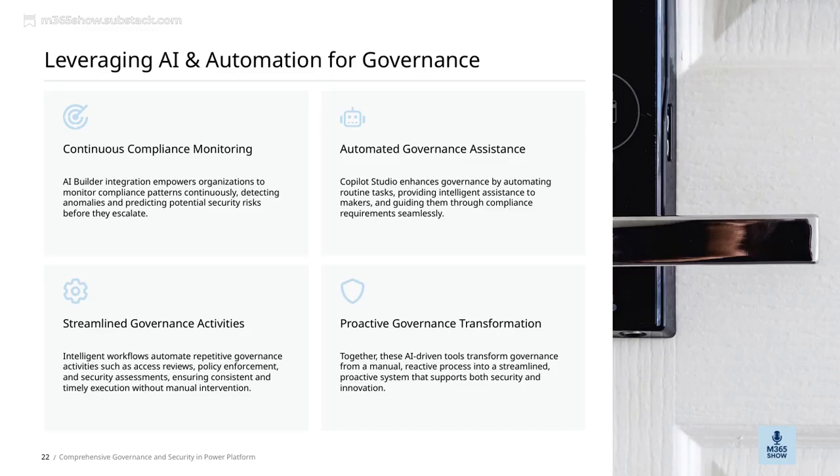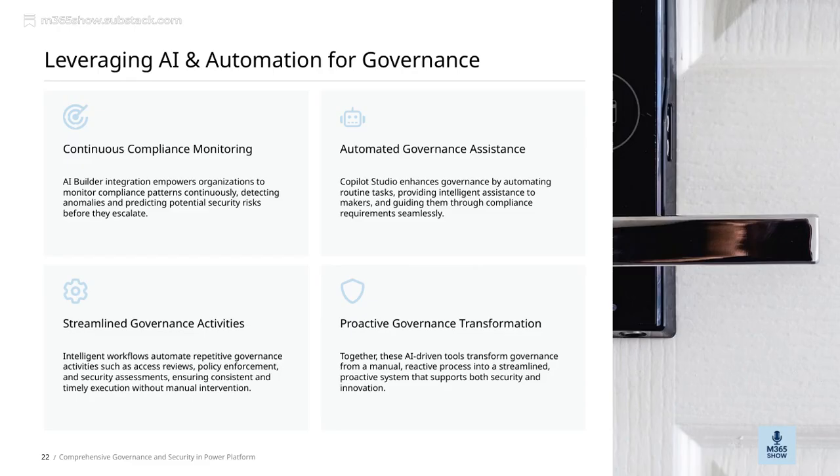Let's take a closer look at how leveraging AI and automation can revolutionize governance within the Power Platform. These AI-driven tools are transforming what used to be manual, reactive processes into streamlined, proactive systems that bolster both security and innovation. One of the key concepts here is proactive governance transformation.